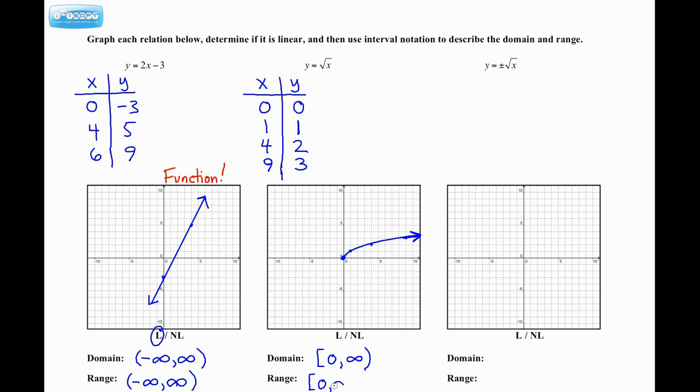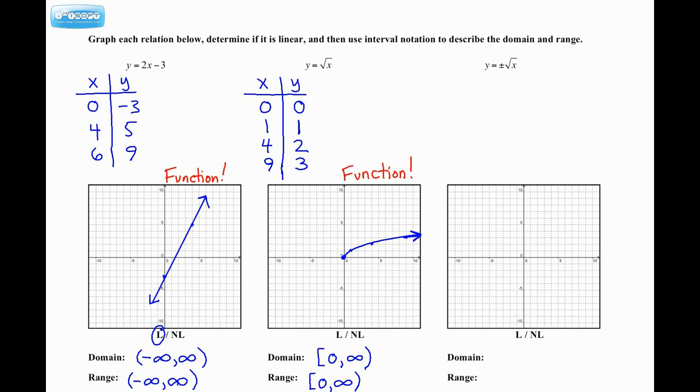So it also goes to infinity, which makes that a round bracket. Is this a function? We know it's not linear, but yes, it is a function, because if you try the vertical line test, it will pass. I better circle this here: nonlinear.